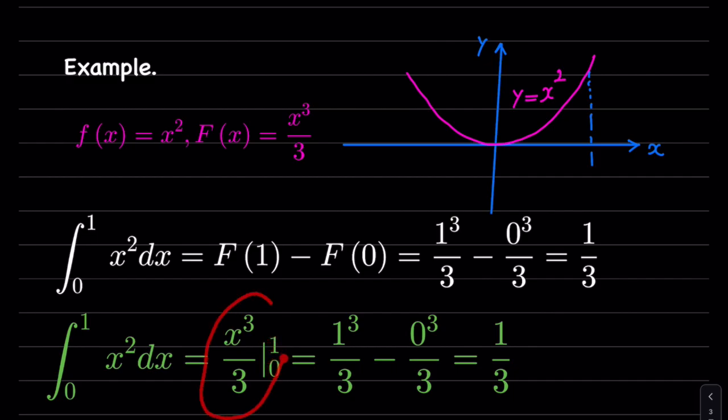This notation means substitute x by the upper bound, 1, and substitute x by the lower bound, 0, and subtract. So I substitute x by 1, that's what I get. I substitute x by 0, that's what I get. And subtract. So it's basically doing the same computation in a slightly different way.